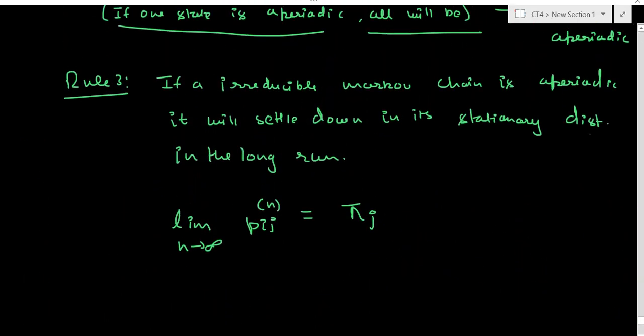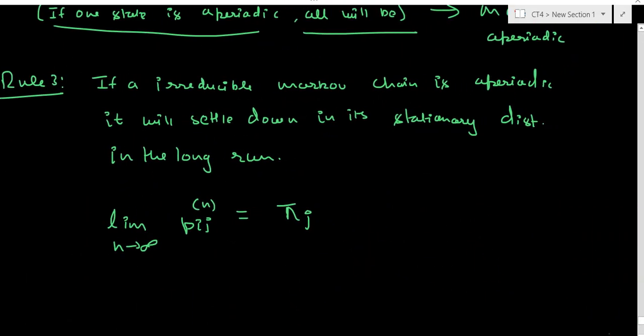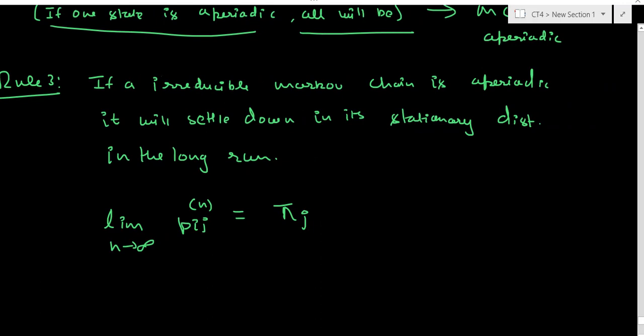We have already discussed that if a Markov chain has a finite state space, then it has at least one stationary distribution. And if a Markov chain is irreducible, it has a unique stationary distribution. Now the question is, when will this Markov chain settle down in its stationary distribution? That is, when will it attain the stationary distribution?